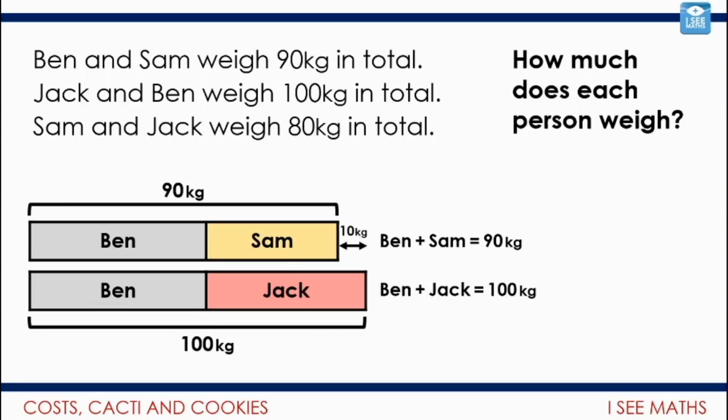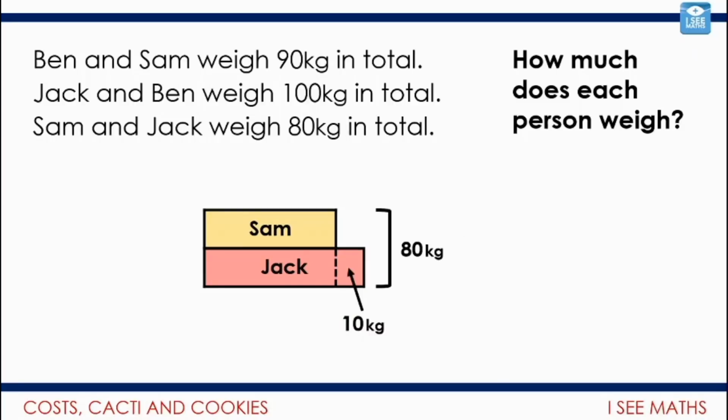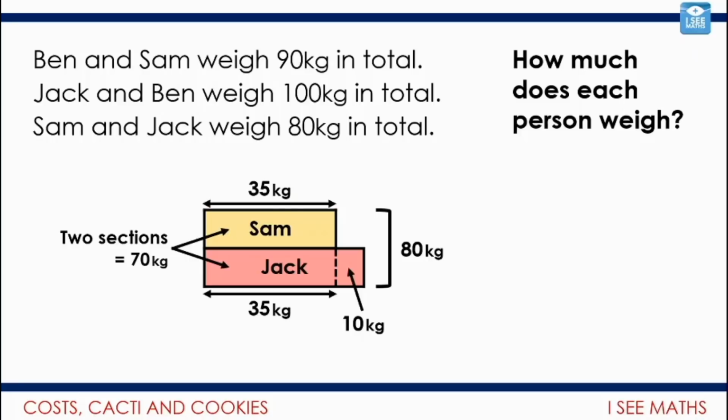Now I can look at that last number sentence. Sam and Jack weigh 80 kilograms in total, knowing that Jack is 10 kilograms more than Sam. So there we go. So Jack is 10 kilograms more than Sam, 80 in total. So those two sections, they must be worth 70 kilograms. So let's have a think. Then, well, Sam must be 35 kilograms.